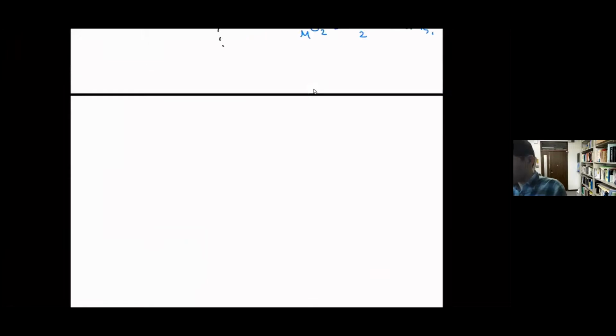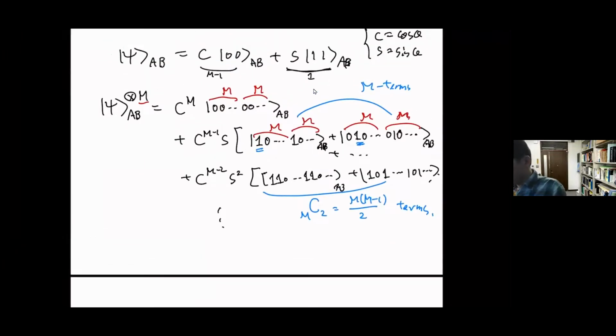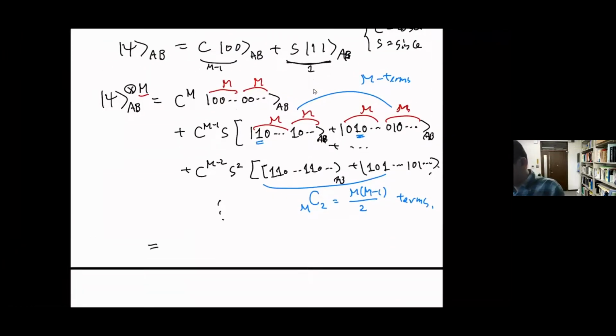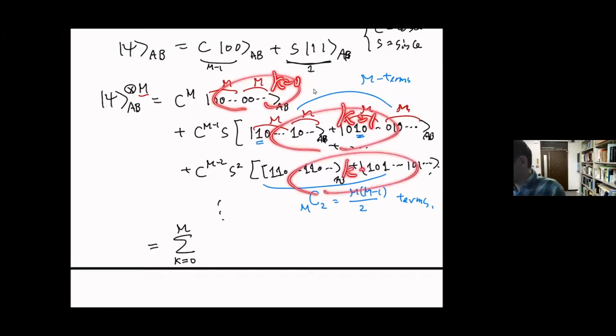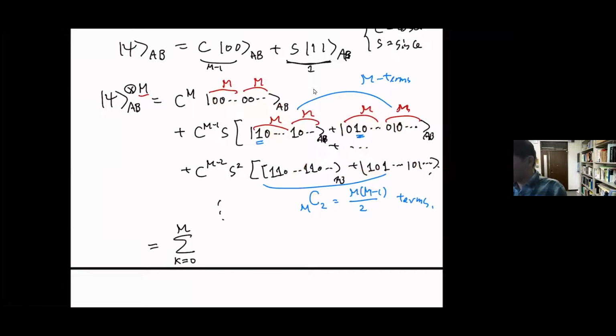So finally, what we end up with, we can rewrite in this way. We introduce K. We call this K equal 0, this one K equal 1, this is K equal 2, and so on. Combining, we get M minus K, S to the K, and we take I from 1 to C(M,K), because there are C(M,K) terms like this.